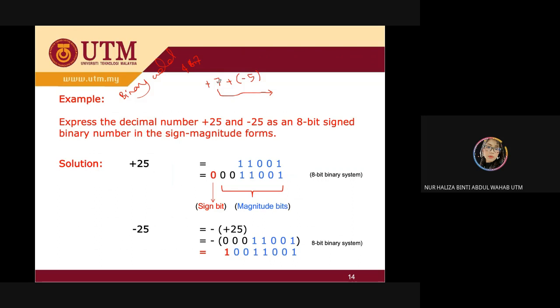For 7, we supposedly have 1, 1, 1, 0. This is my positive 7. I need to add it with negative 5. Negative 5, I will get 1, 0, 1, and my sign will be 1. Negative 5, correct, right?